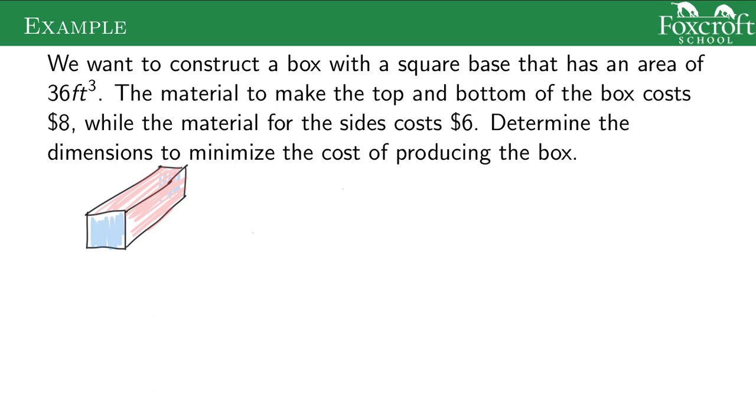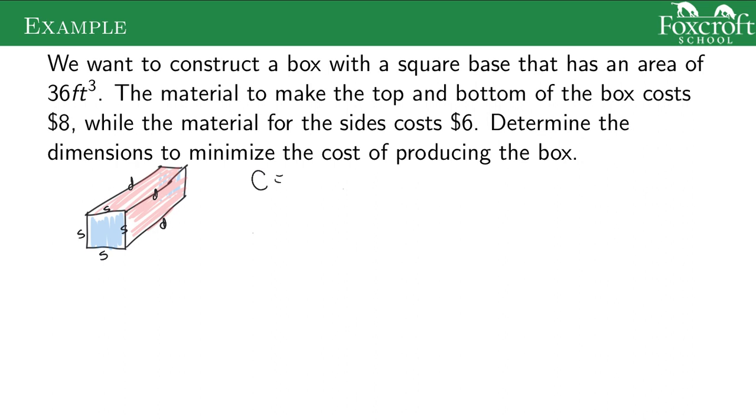As we think about this box, it's a square base, so the sides of the base are all going to be the same, s. Then we have the length, the depth of the box. Let's call it D for how deep the box is. So if you think about what it's going to cost, the cost is going to be $6.